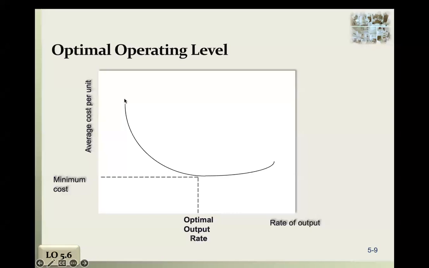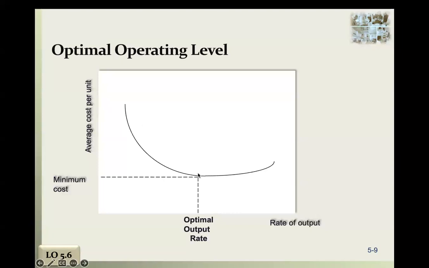So which means that when you have enough capacity or resources, and if you are producing low, your output rate is low, then your cost will be high. But if you increase your output rate, then your cost will go down. This is called economies of scale up to this point.